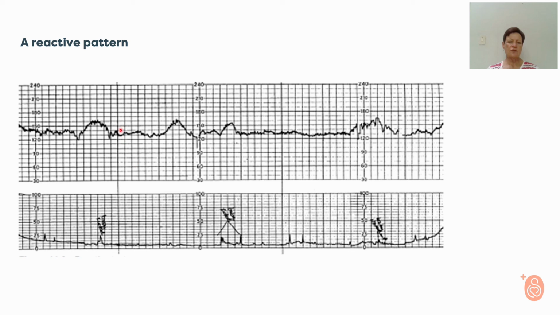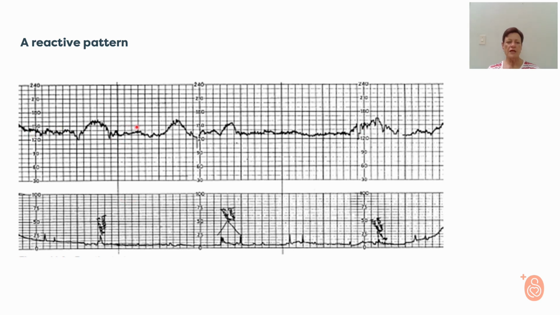Here we see a normal baseline of just above 120 beats per minute. I would say 125 to 130 beats per minute. There are some good accelerations there, and also good variability. This CTG has been done with the speed of the paper at 3 centimeters per minute.